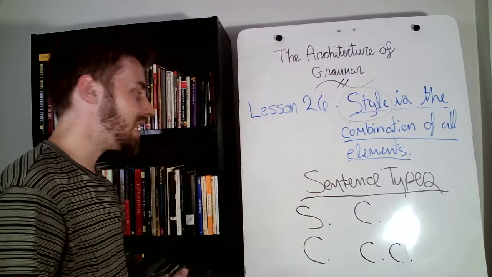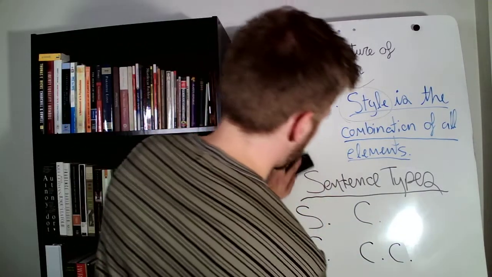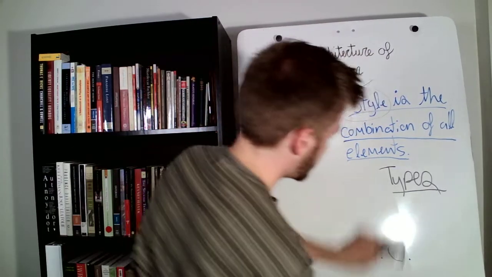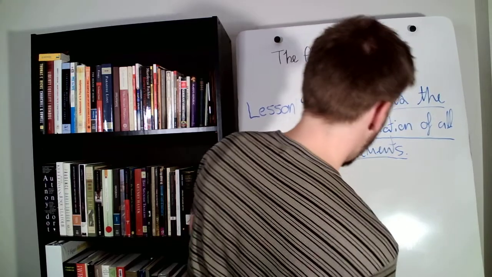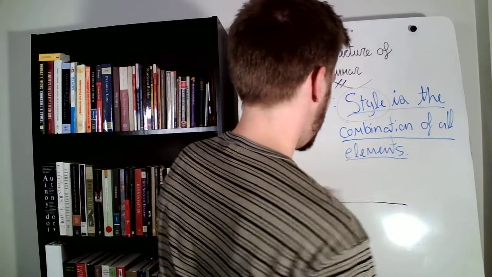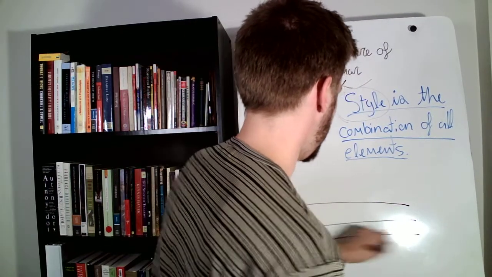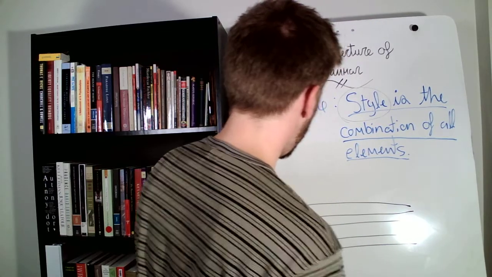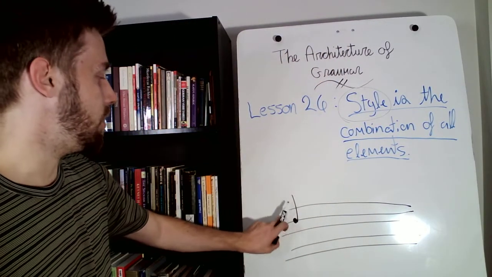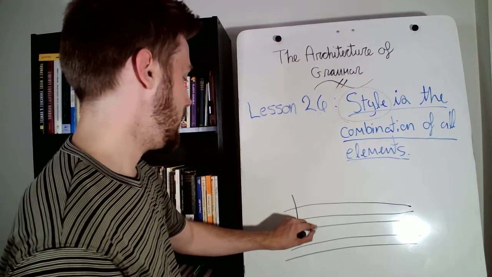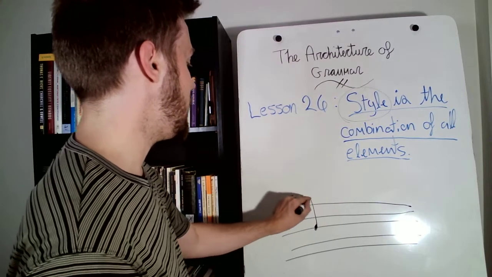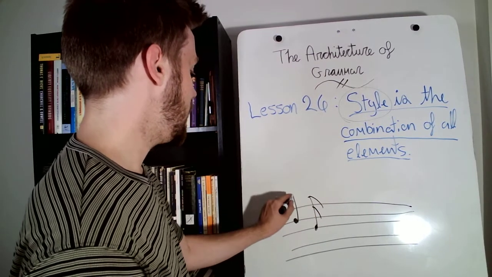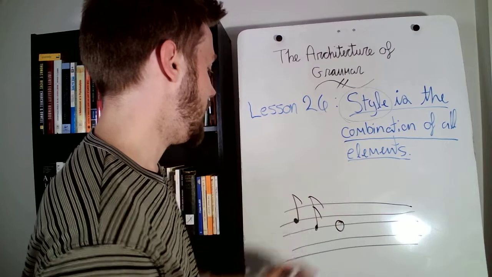And the way that I think about it is really like music. In music we have sheets like this, and we have notes, and we have the notes here, and it could be here, and this is the rhythm. So you could have like this, or like this, or it could be like this.